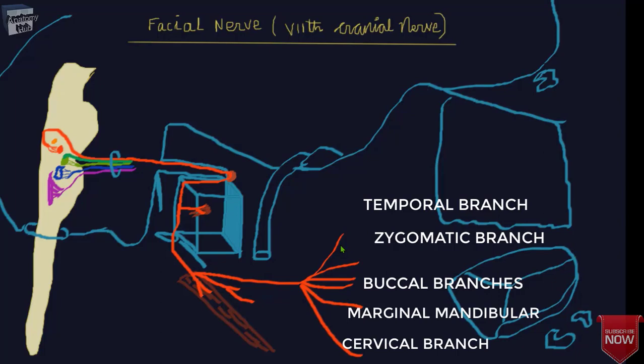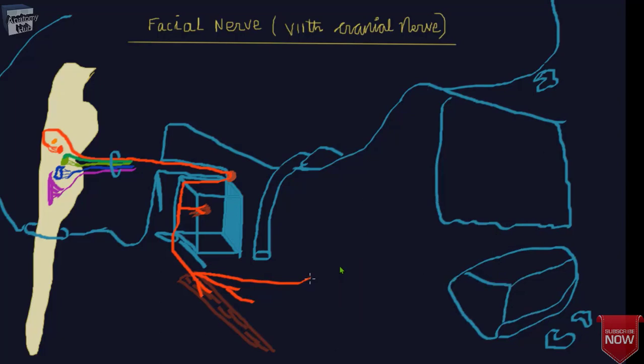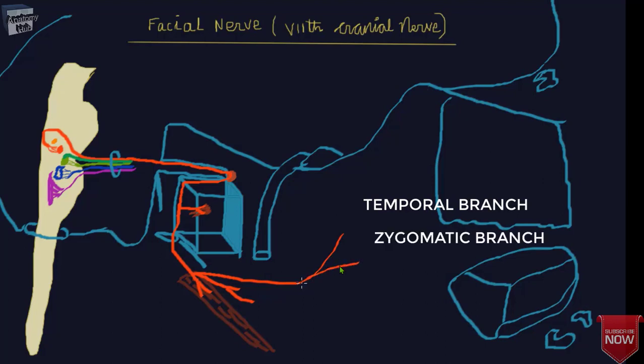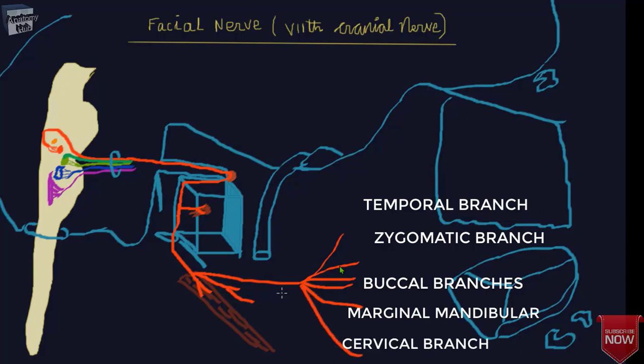It enters into the gland, that gland is the parotid gland that will be over here, and inside the substance of the parotid gland it divides into 5 branches: temporal branch, zygomatic branch, buccal branch, upper and lower buccal, and here the marginal mandibular and the cervical branch.